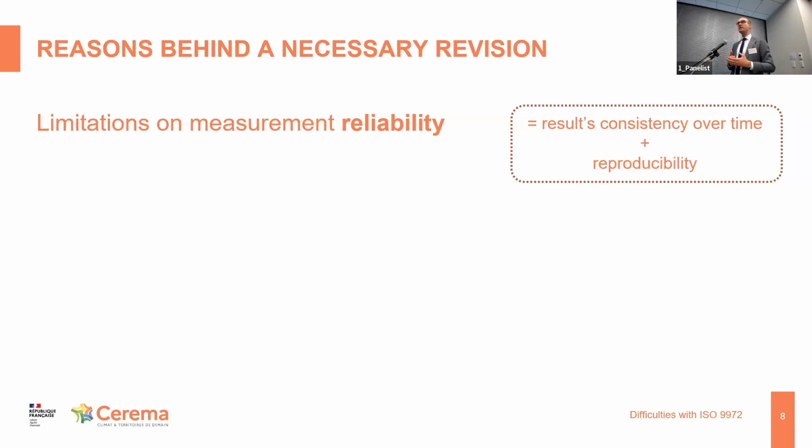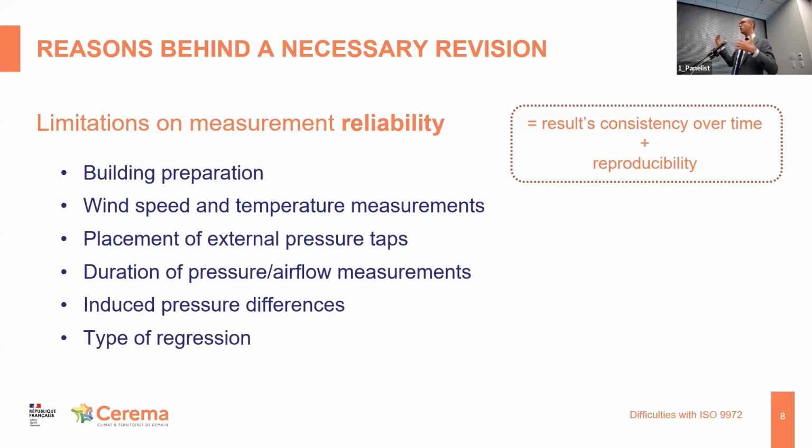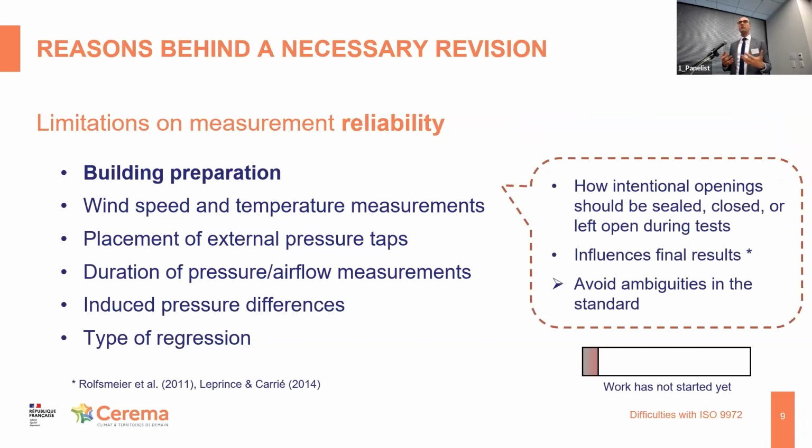Yeah, what are the reasons behind the necessary revisions? First of all, there are some limitations in the standard regarding the measurement reliability. Reliability means that the result of the measurement is consistent and reproducible over time. So I will go through all these points very quickly. The first point is building preparation. The standard says how intentional openings should be sealed and closed or left open during the test.